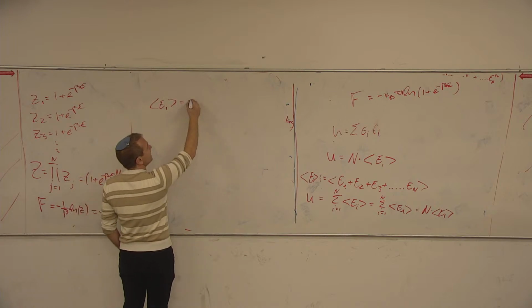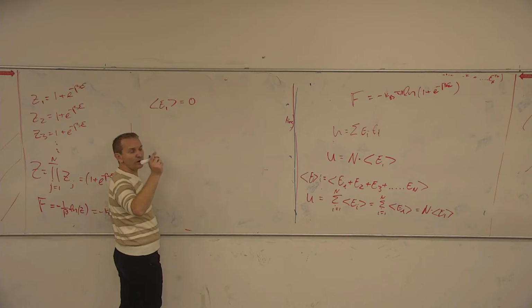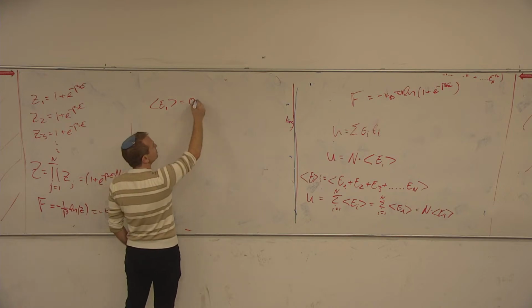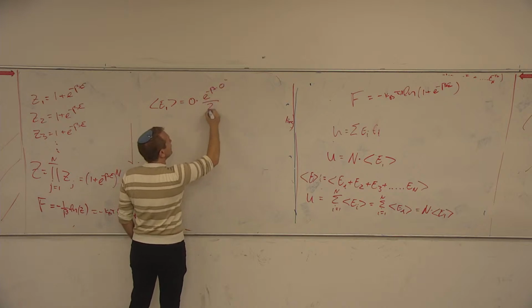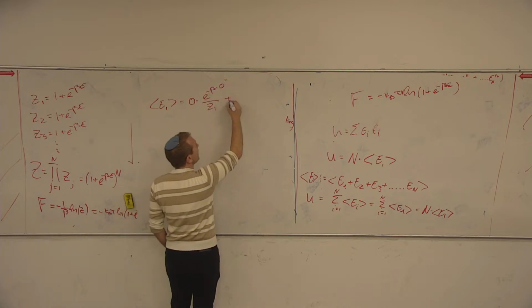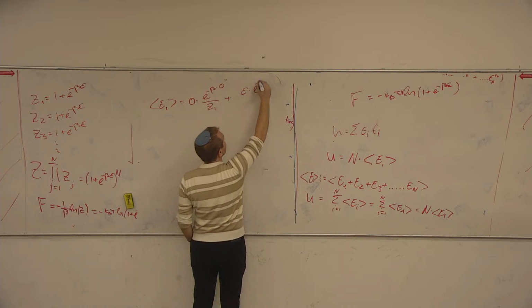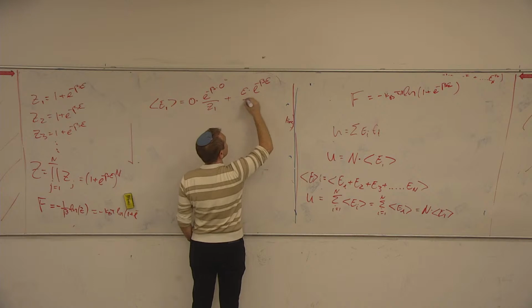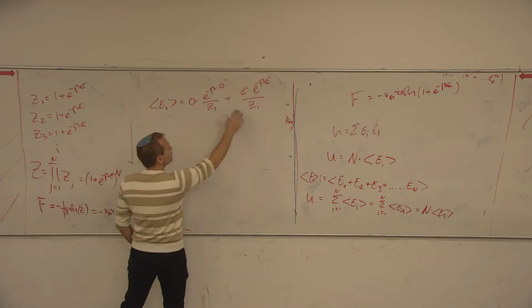It has two states, either 0 or epsilon. So this is 0 multiplied by e to the minus beta multiplied by 0 divided by Z1, plus epsilon multiplied by e to the power minus beta epsilon divided by Z1. This is 0, this is left.